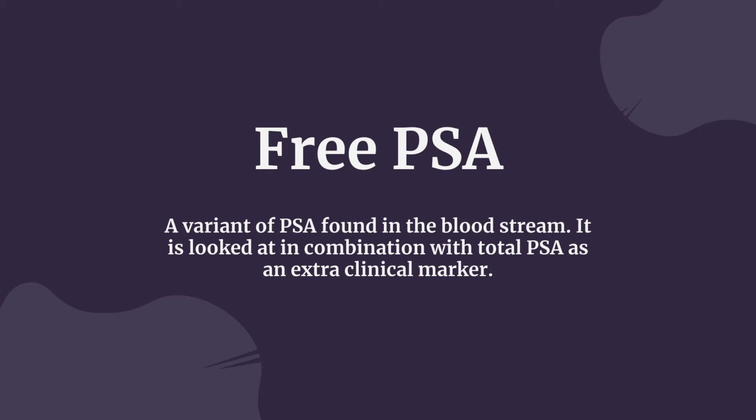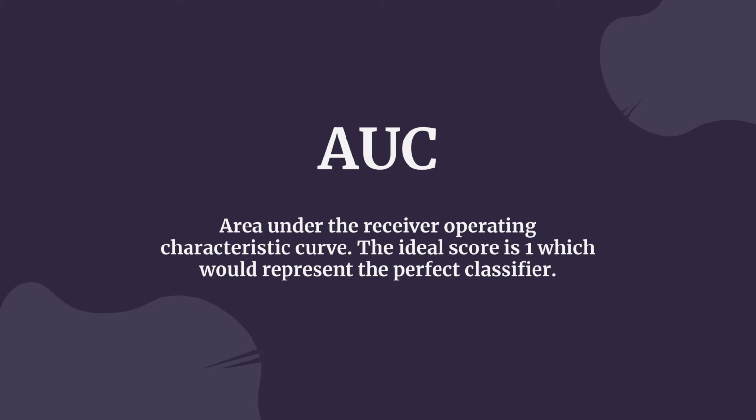Now, this antigen can come in two different forms. It can come bound to other proteins, so connected to other proteins, or it can come on its own. When PSA is on its own, that's known as Free-PSA. And it's looked at in combination with total PSA as an additional clinical marker that can be used during diagnosis.